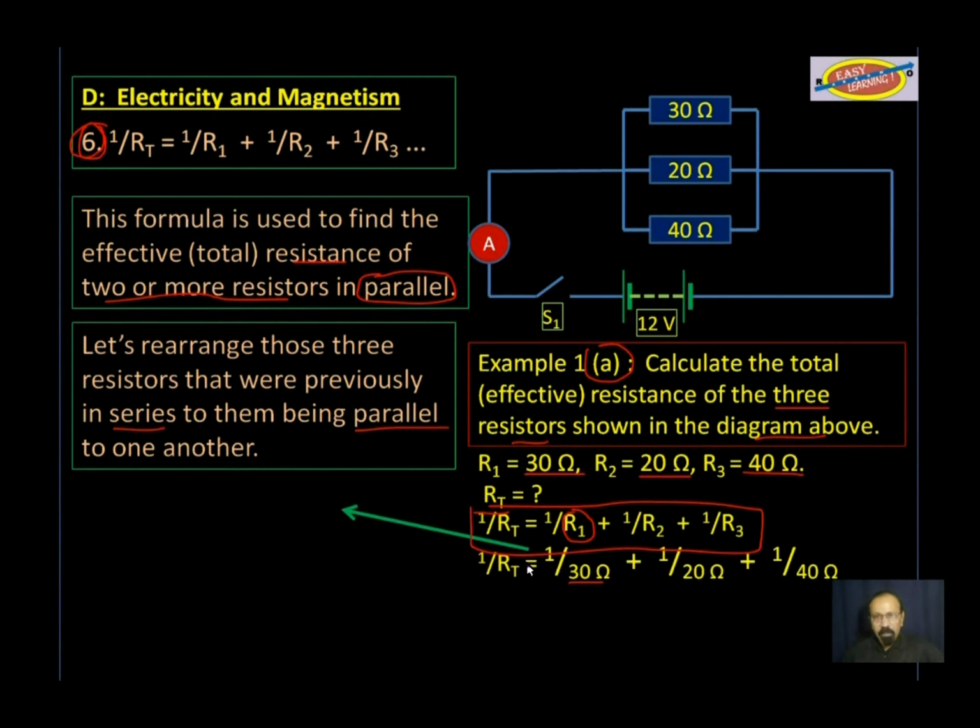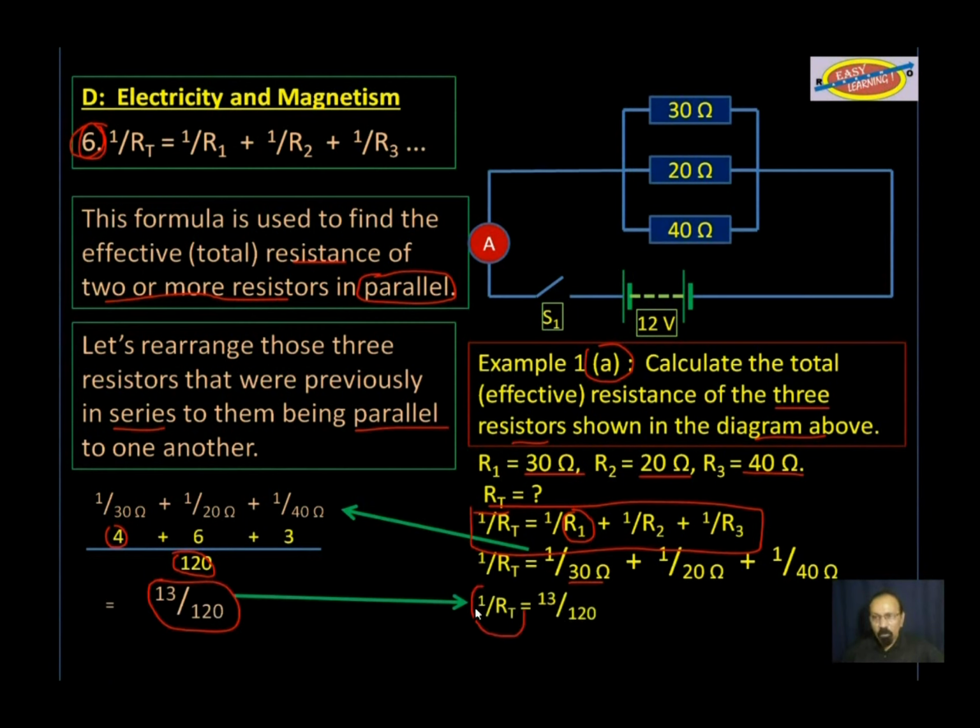We can do that in our calculator, but I am just going to explain how we come up with the next line. If you actually had to add 1 over 30 plus 1 over 20 plus 1 over 40, find an LCM of 120. 30 into 120 is 4, 4 ones 4, and so on. And so you get 13 over 120. But remember, that is not the total resistance. That is 1 over the total resistance.